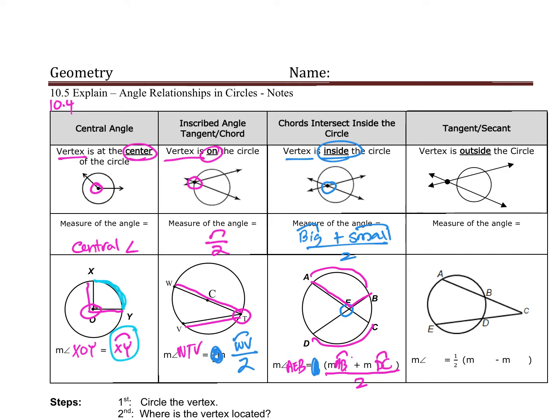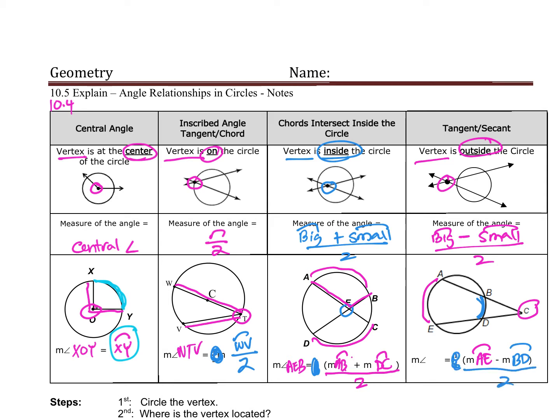The next one is outside. If the vertex is outside, so like right here, on this one, you're going to take the big arc minus the small arc, and then divide it by 2. So right here, my big arc is A to E minus the small arc, which is B to D, and cross that out, just divide it by 2.